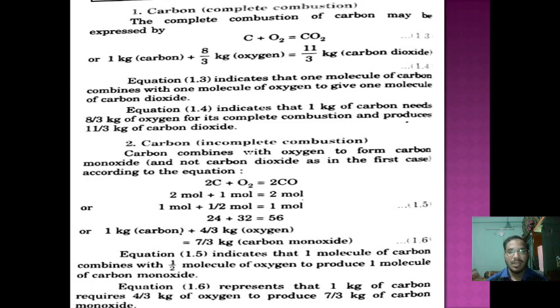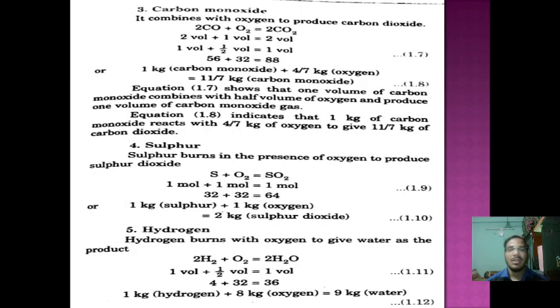So in that incomplete combustion, we are taking 1 kg of carbon plus 4 by 3 kg oxygen is equal to 7 by 3 kg carbon monoxide. It gives 7 by 3 carbon monoxide.